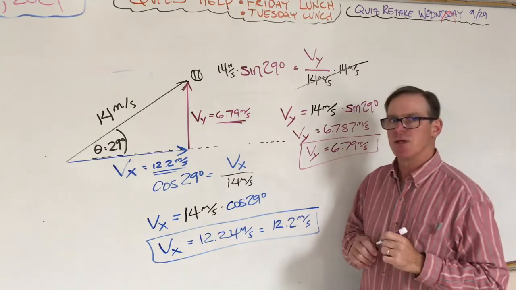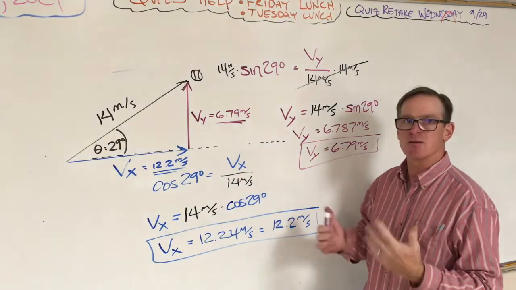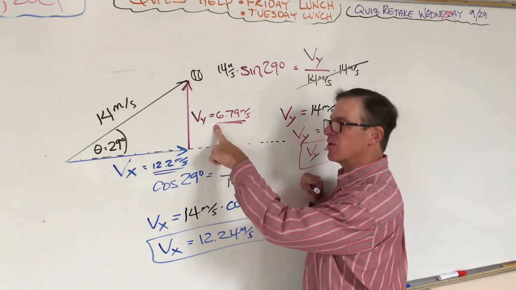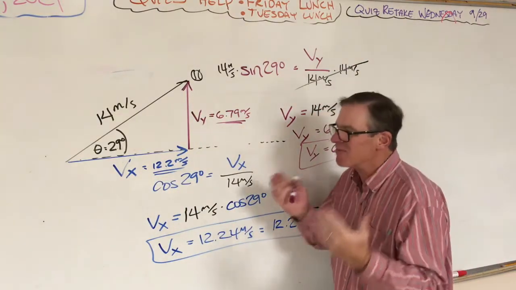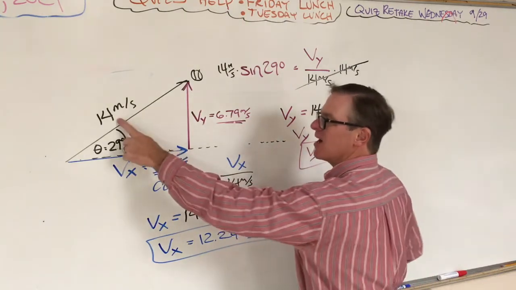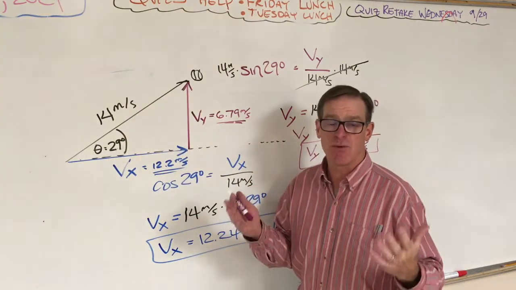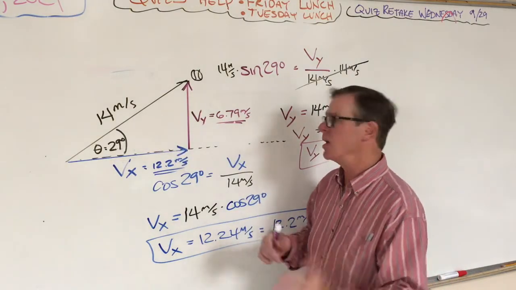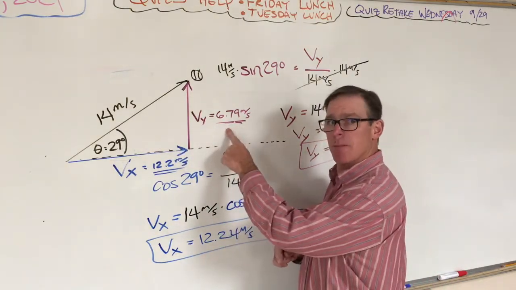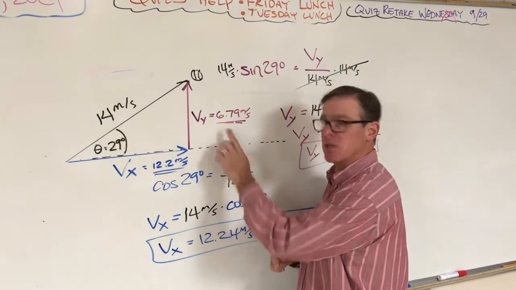Okay, in summary, we used sine and cosine to find the vertical component and the horizontal component of these velocities. We have to use these in the problem. We cannot use the 14 because the 14 isn't all vertical or all horizontal. It's a mixture. And we need to know precisely what part of the 14 is purely up and down.